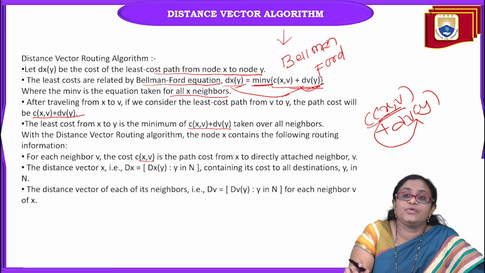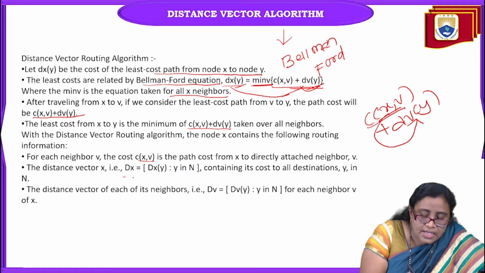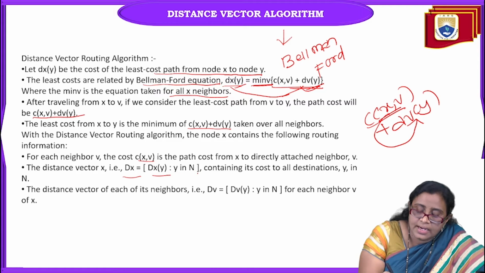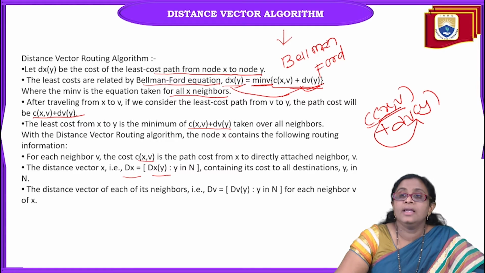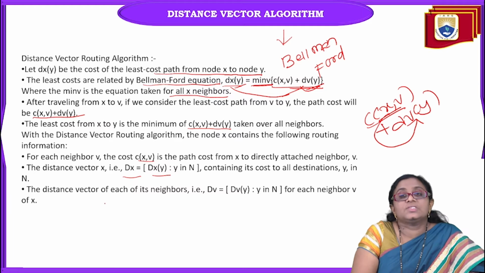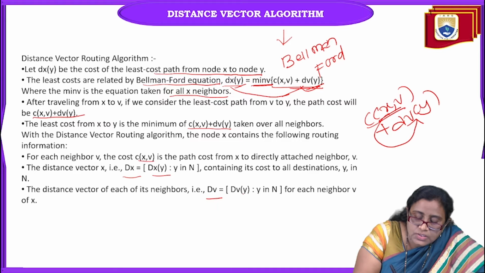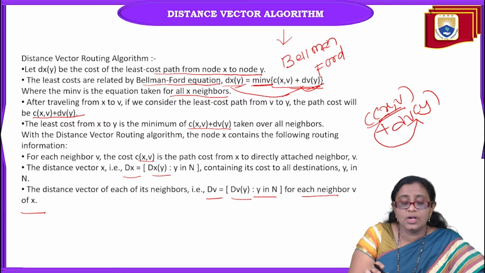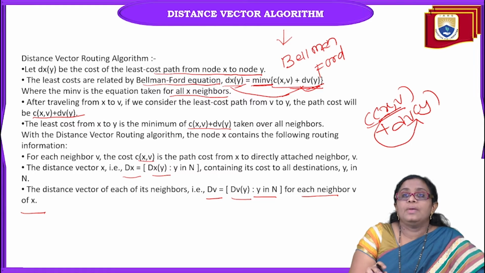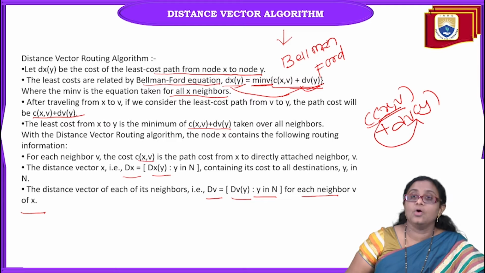The distance vector Dx is equal to [dx(y) : y in N], containing its cost to all destinations y in the subnet N. Finally, x also keeps the distance vector of each of its neighbors, Dv = [dv(y) : y in N] for each neighbor v of x. This is one of the main algorithm steps of the distance vector routing algorithm.